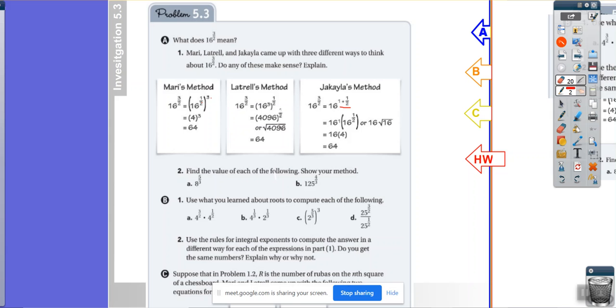Okay. So let's call this method 1, method 2, method 3. Which method did you like the best? 1, 2, or 3? Show with your fingers. Mostly 1. You got a 2, couple 2s, and a 3. Okay, mostly 1, so we're going to go with 1.